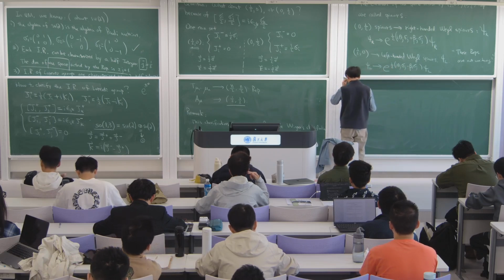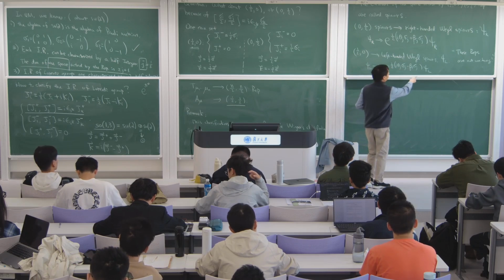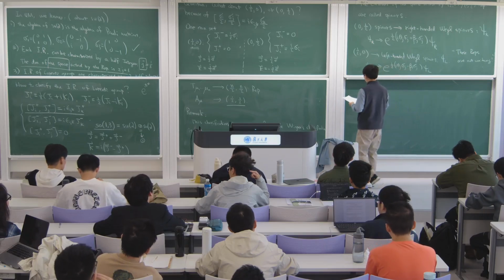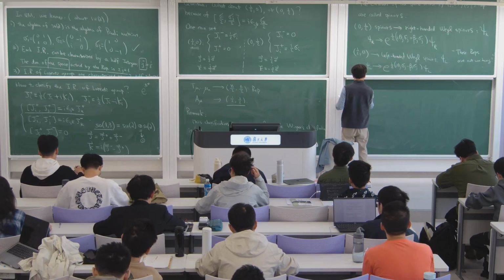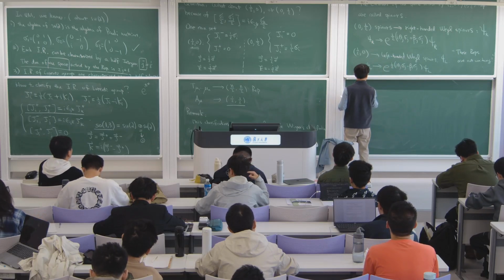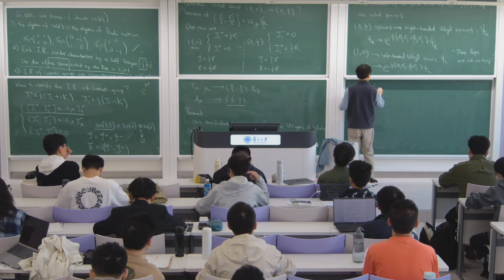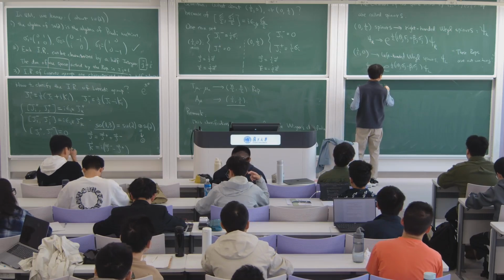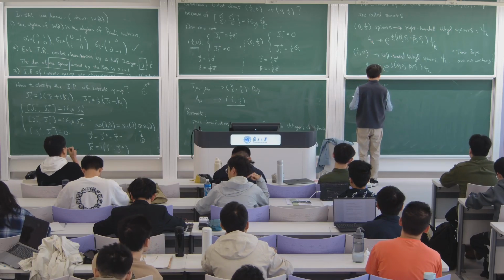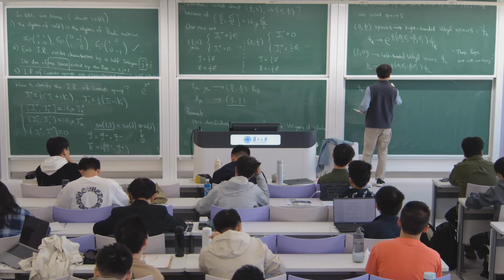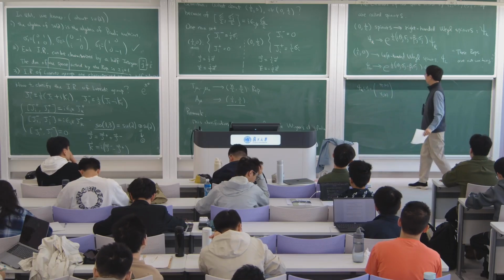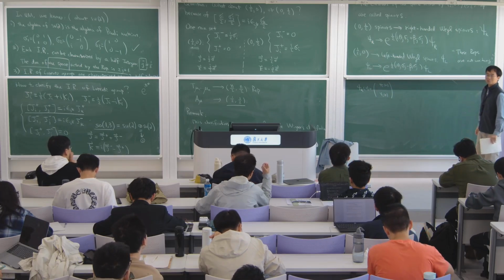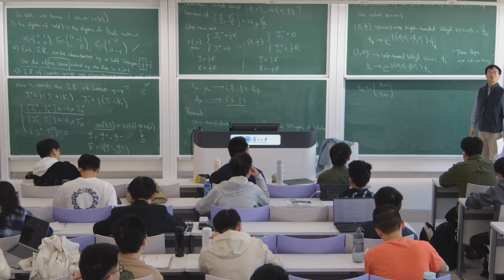First of all, this kind of spinor is a little abstract, but what you should keep in mind is that you should always think there are two components of this spinor, because the dimension of this space is 2.